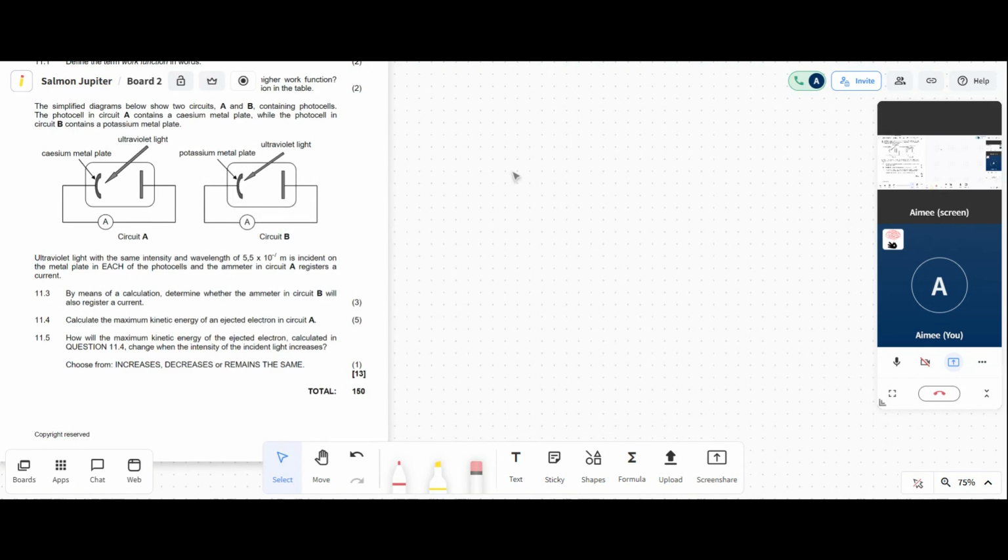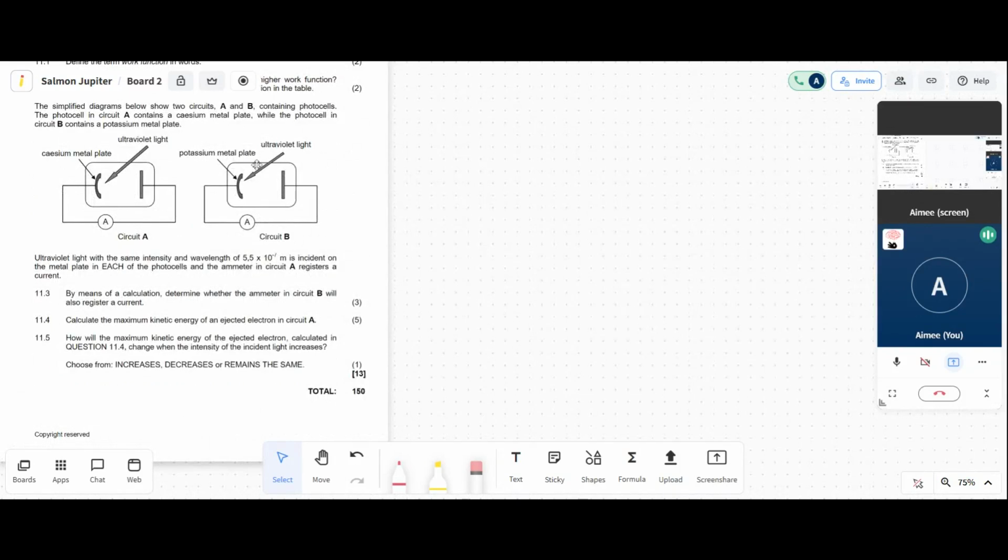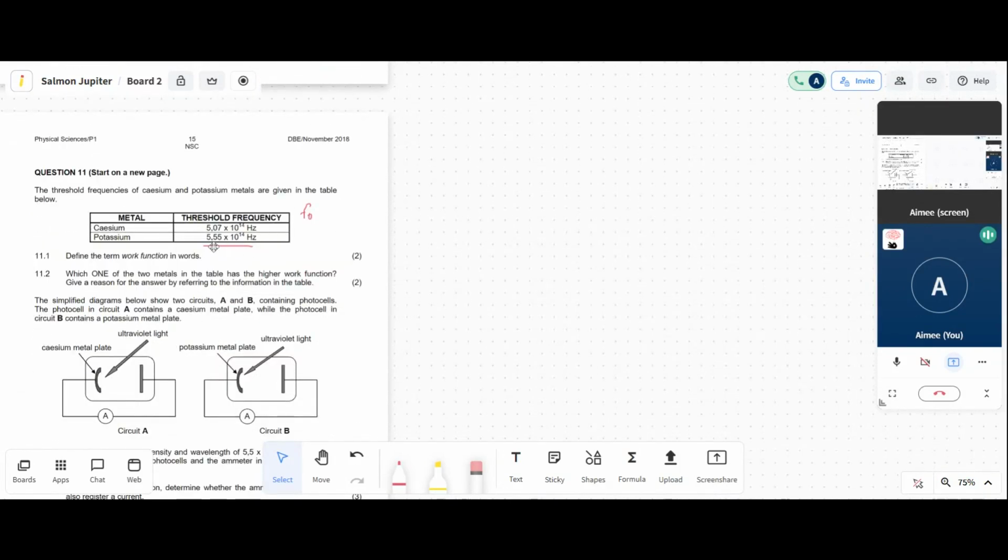Okay? And the way that we are going to calculate this is we have to see, is the frequency of light that's being shone on my potassium plate higher than, equal to, or lower than my threshold frequency?